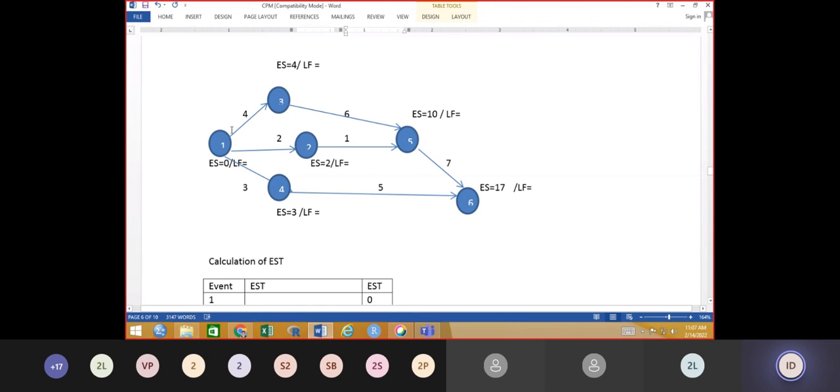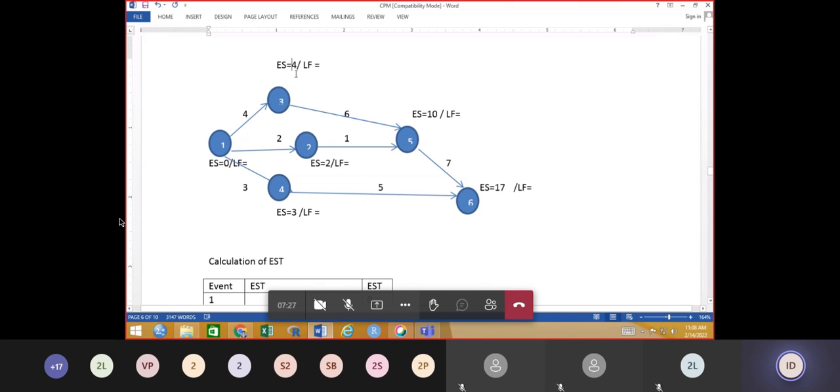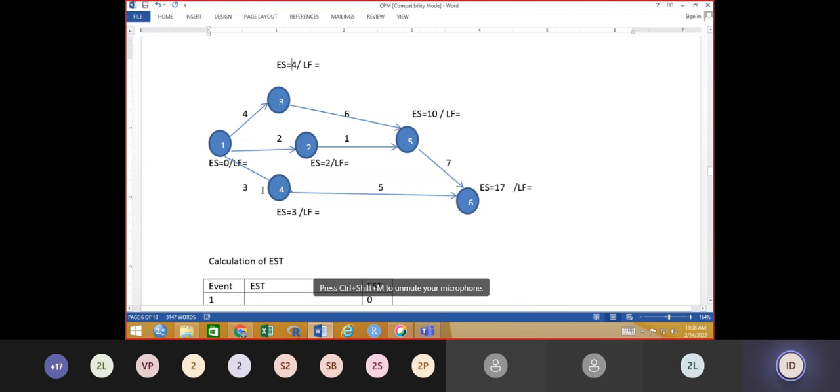Now the 1 to 3 activity: earliest start time is 0, and 4 plus 0 is equal to 4. So the 3 to 5 activity will take place on the 4th day, immediately after completion of the 1 to 3 activity. Similarly, the 1 to 4 activity will have earliest start time 3.